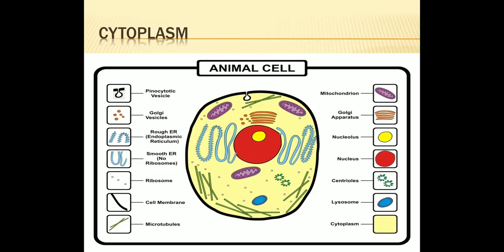Now, whatever cell organelles are present, these cell organelles are nothing but compartments present in the cell that carry out specific functions. That means cell organelles have to carry out certain specific functions. Some of them coordinate with each other and complete the specific task for the cell.